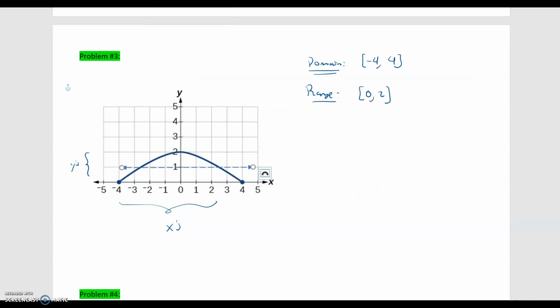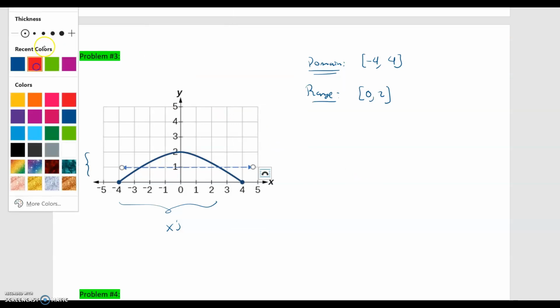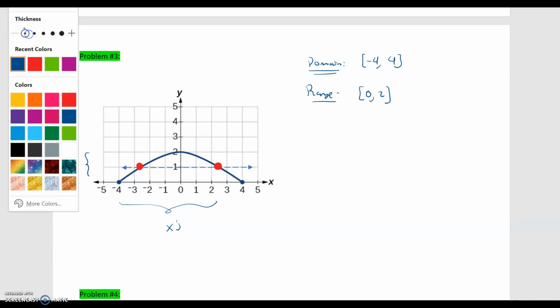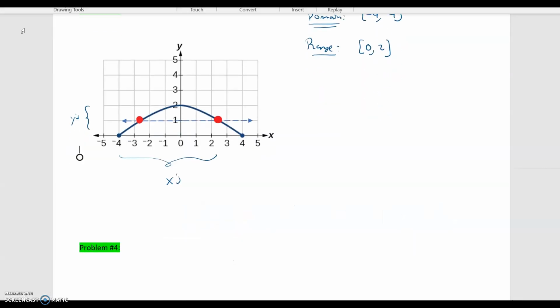Okay, so let me insert the dots here, and you can see the 2 intersections that we don't want for one-to-one.